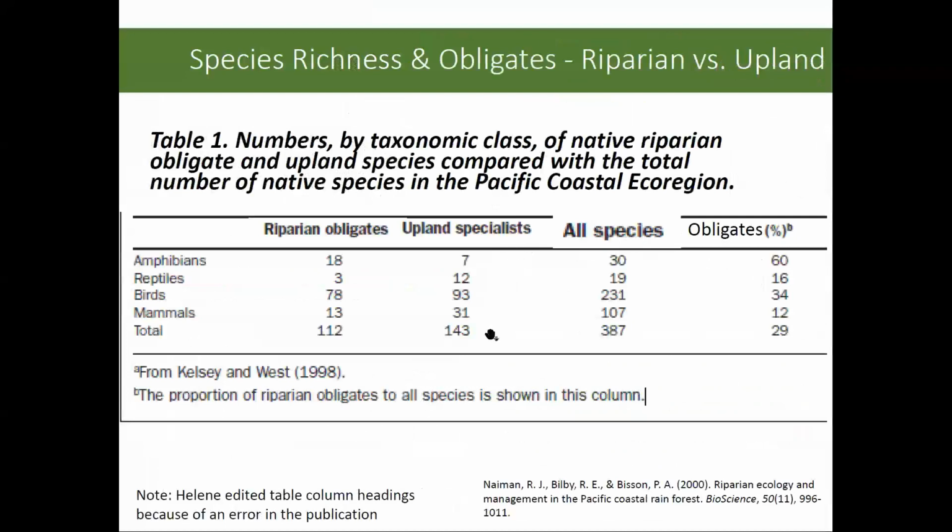We also went over this table again, which is another reason why riparian environments are so critical: there's a whole suite of species in the Pacific coastal ecoregion, in our region here, that depend entirely on those unique habitats.